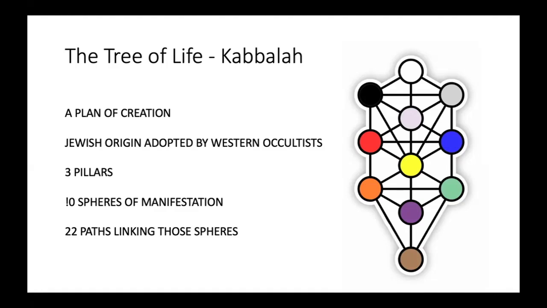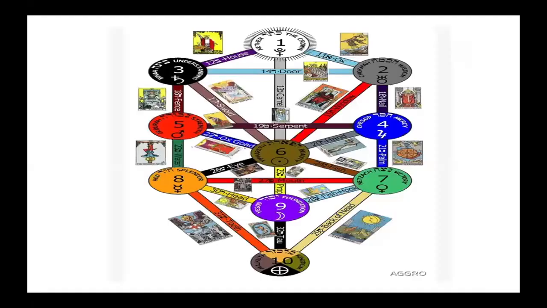I'm introducing this now, and you can bypass it, because I'm going to refer to it a few times as we go on, because really we're at the material level, and it's interesting to see how we connect material with the spiritual. If you really want to get into it for a moment, that's the Tree of Life with the tarot cards assigned to the various paths.